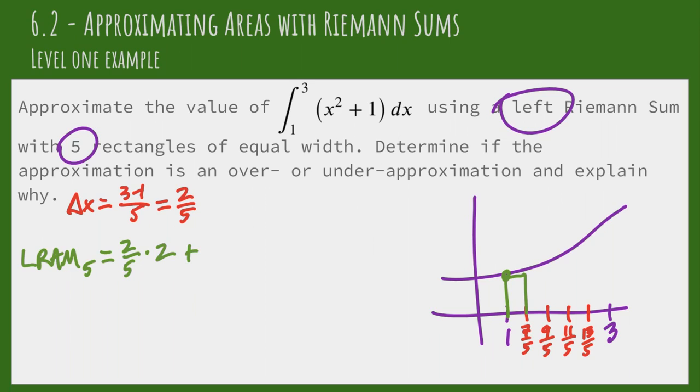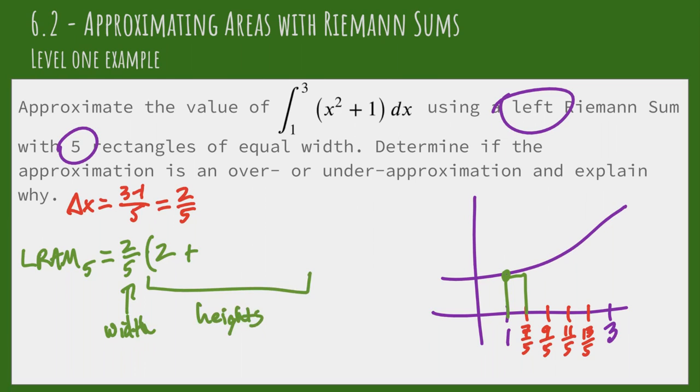Then the second rectangle, we're going to have the same width. In fact, we're going to have that width of 2/5 for all of them. So I'm going to factor the 2/5 out. Sorry, I keep saying height. This is the width of all of the rectangles. And in the parentheses here, I'm going to have the heights.